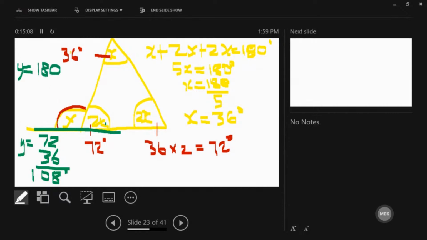Angles on a straight line add up to 180. So if you know one of them, take it from the 180 and we would get the 108 degrees. So there are 2 ways we could find y. Subtract the 72 from 180 or add this 72 to the 36.